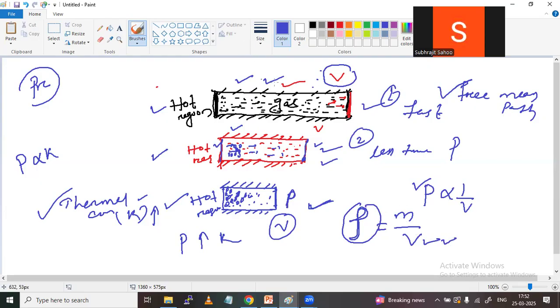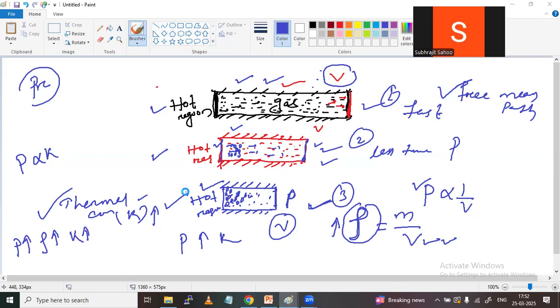If I compare the first system and the third system, which has more density? This has less volume, and volume less means density more, right? So in this particular system, pressure is more, density is more, and thermal conductivity is also more.